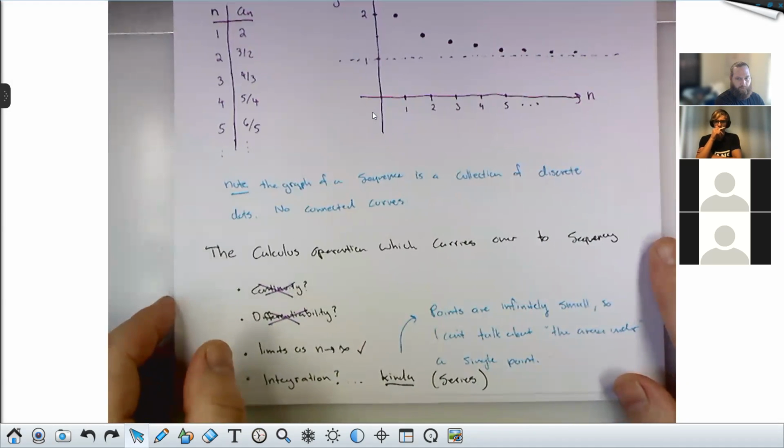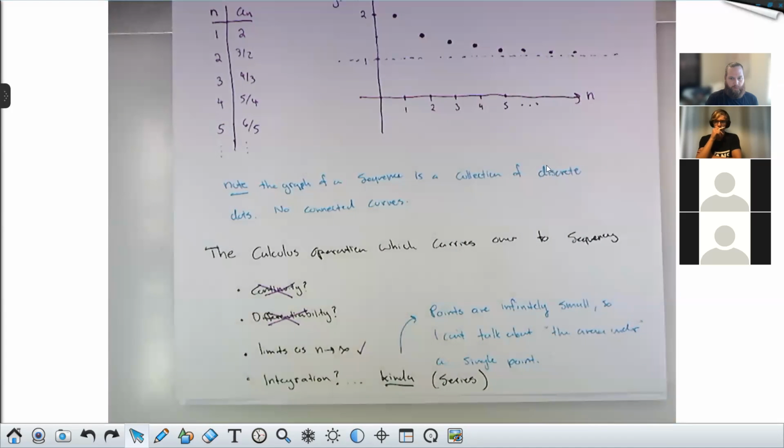Oh, sorry. So after writing this down here, I said that one of the operations we might try to consider is integration, but that integrating a sequence is a strange concept because these points are infinitely narrow, and there's no curve connecting the points. So there's no area under 1 point because that width is 0.